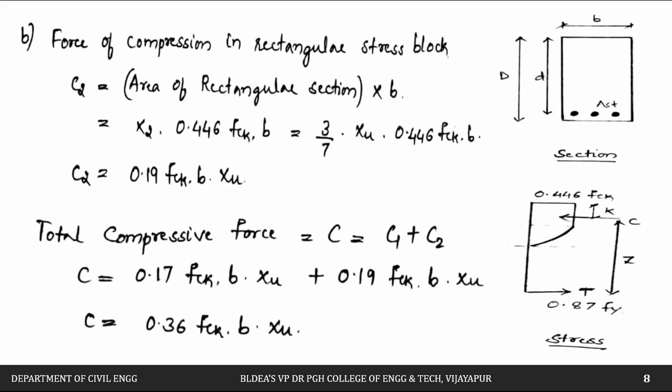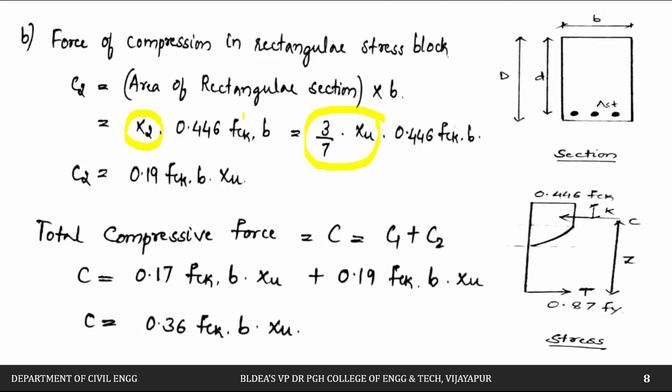Next we will go to the rectangular portion. We will mark this as C2. How to calculate the total force? That is the area of the rectangular portion multiplied by width B. The area of the rectangle is this distance x2 multiplied by the stress, that is 0.446 fck, and then multiplied by width B. The x2 value we have just calculated is 3 by 7 of xu.